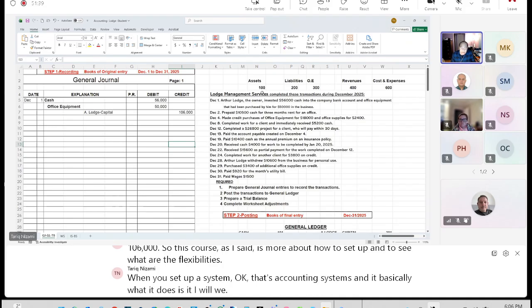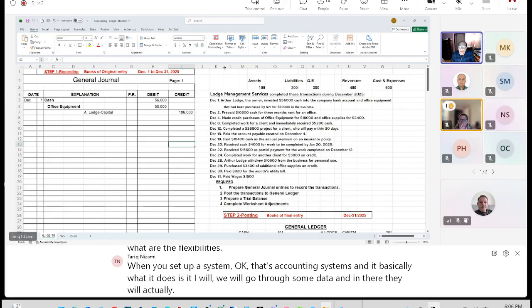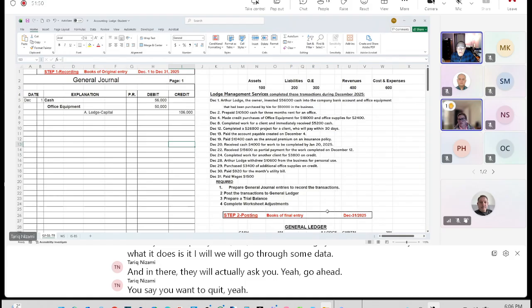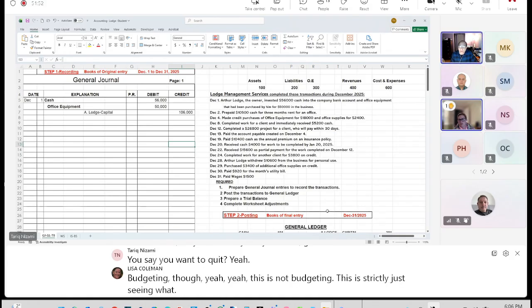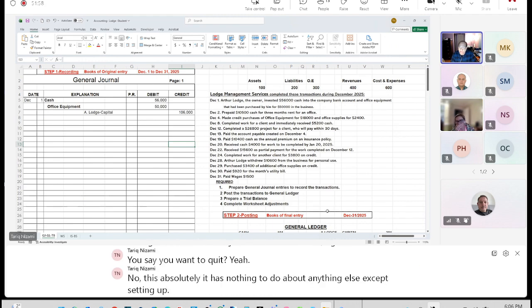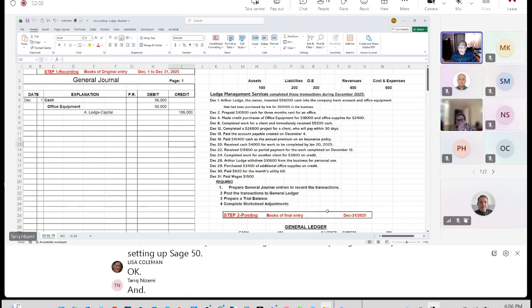We will go through some data. Lisa, you want budgeting though? This is not budgeting. This is strictly just seeing what our journal entries look like. It has nothing to do with anything else except setting up Sage 50, and setting up all the specialized modules.